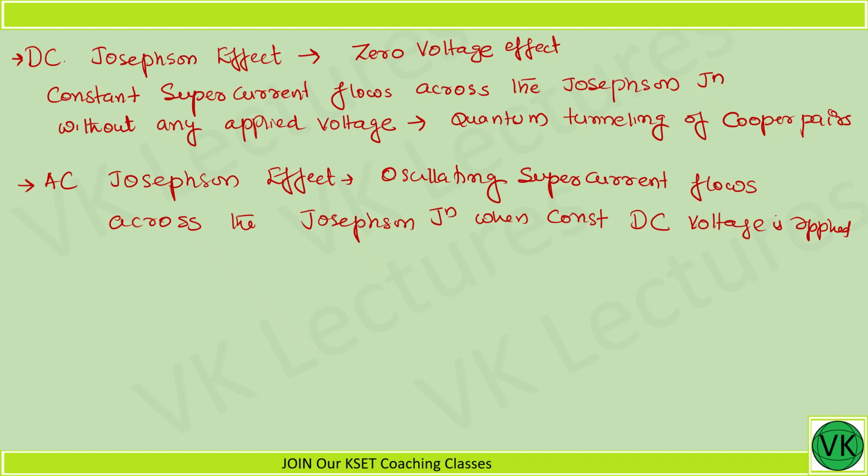Okay. Now let's see what is the difference between DC and AC Josephson effect. So in DC Josephson, no external voltage, so no applied voltage. Key difference: here DC voltage is applied.